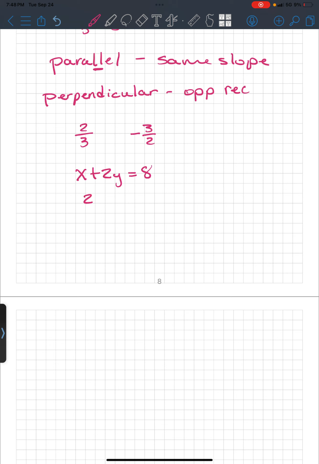So 2y equals -x plus 8. And now I'm going to divide everything by 2. And I'm not even really worried about this part. I'm worried about that part. There's my slope. -1/2 x, and x isn't part of the slope. So it's -1/2. So there's my slope.